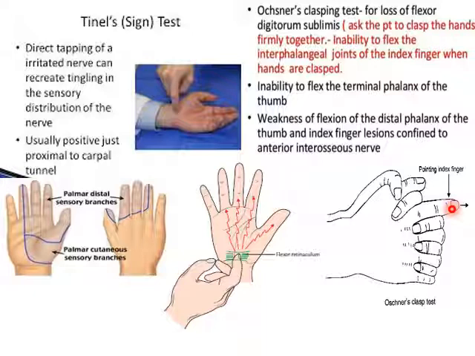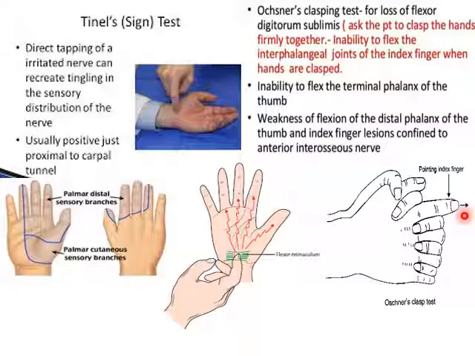So the flexion at those terminal phalanges of the index finger and thumb is lost, and there is unopposed action of the extensor pollicis longus for the thumb and the extensor digitorum as well as extensor indicis for the index finger. That is more pronounced for the index finger, which is called pointing index finger.